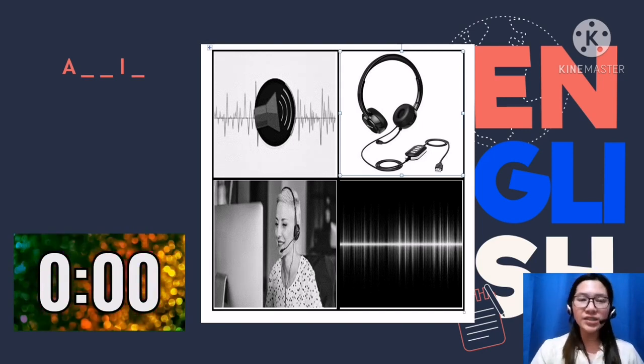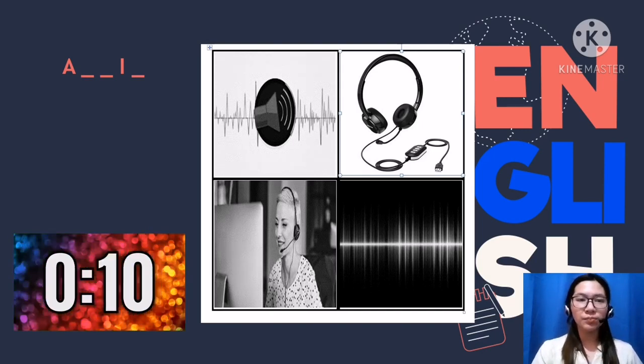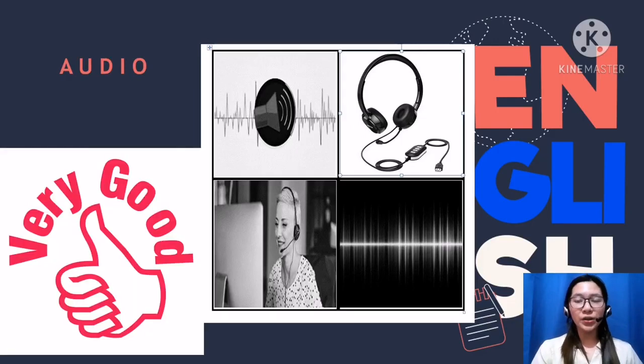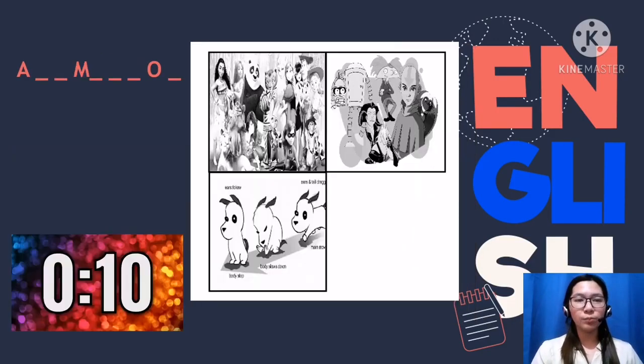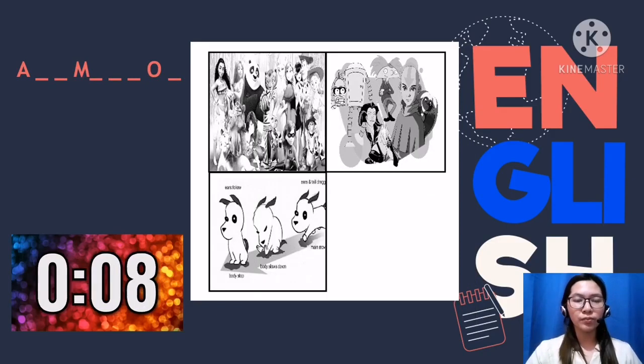How about the third picture? What is your answer in the third picture? Very good. It's an audio. How about our fourth picture? What do you think is our fourth picture all about? Okay, time's up. Let's see what's the answer.